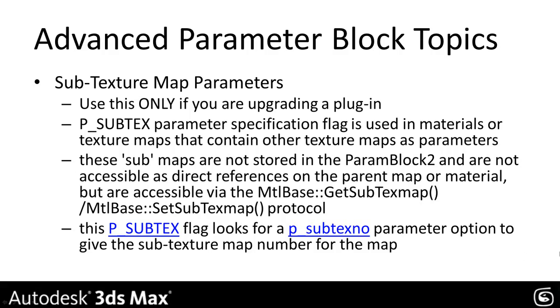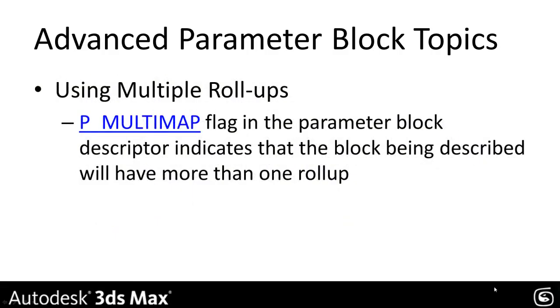I'm not going to go into those details. For using multiple rollups, there is a flag called P_MULTIMAP, and this will allow you to have more than one rollup associated with parameters. This is how you can modify your user interface based on the different contexts your plugin might be running in.